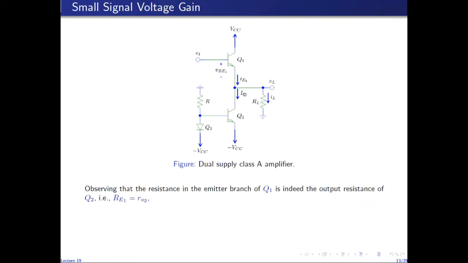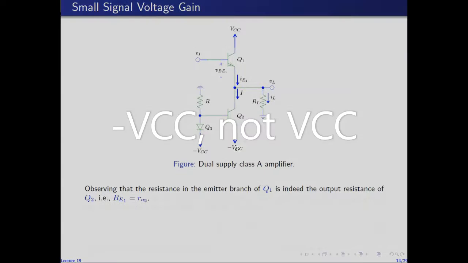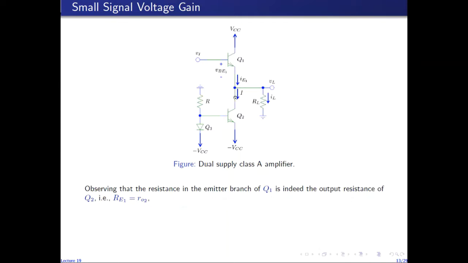I encourage you to draw the small signal AC equivalent circuit of this portion by short circuiting VCC to ground, and verify for yourself that the resistance seen looking into this node is small r naught of Q2, which I have represented as small r naught 2.